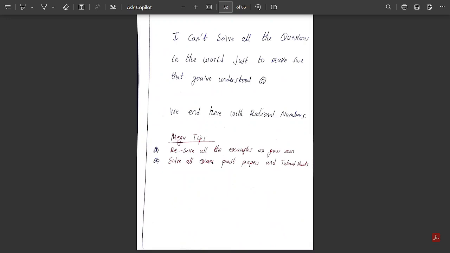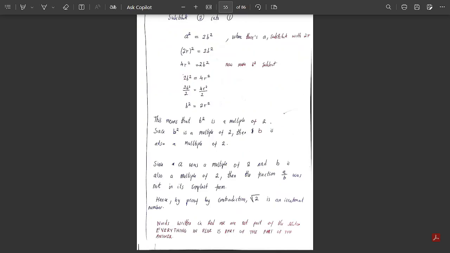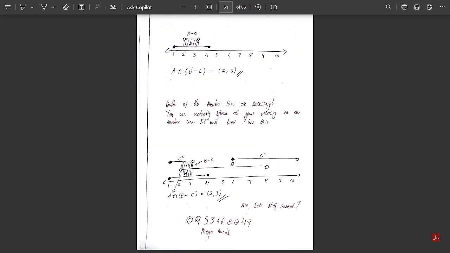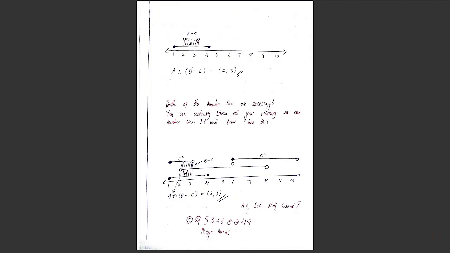Some exam questions, irrational numbers, how to prove a number is irrational, repeating units, numbers on a number line. So that was our quick break.